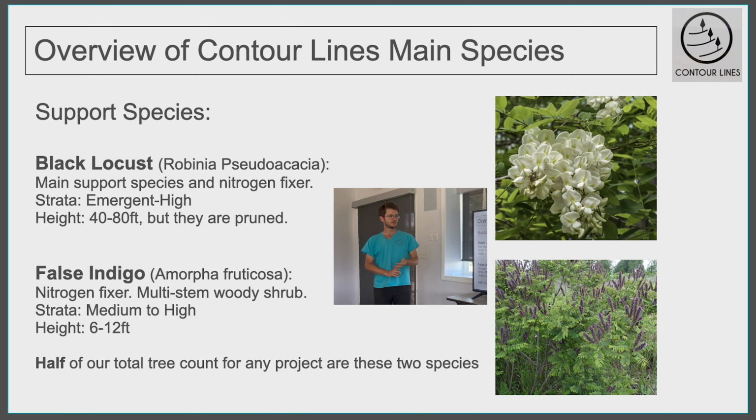Within any given project, let's say it's 600 trees, we've been doing half of the total trees as these nitrogen fixers. We landed on, with the numbers that you were buying, 150 black locust, 150 false indigo, and then 300 of the rest of the fruit and nut trees and shrubs.